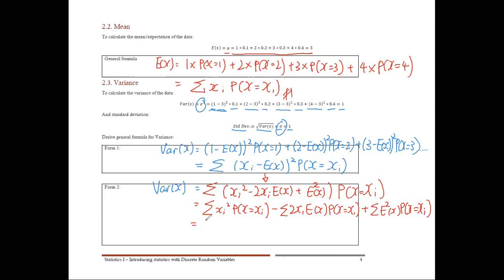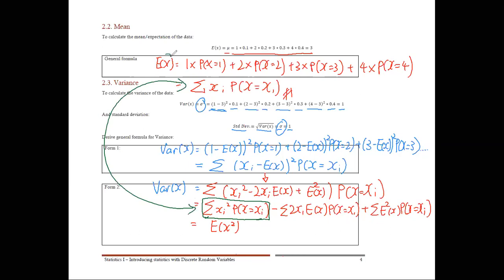So for the first term here, this is actually the expectation of x squared. How do we know that? We can compare this formula here with whatever that we have here.